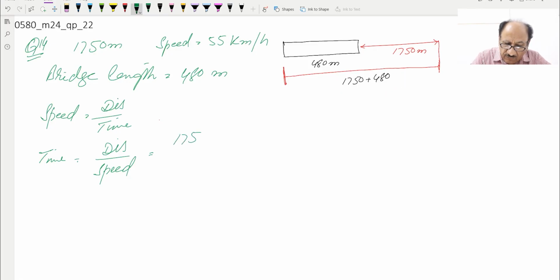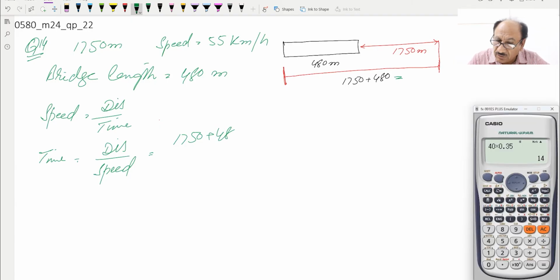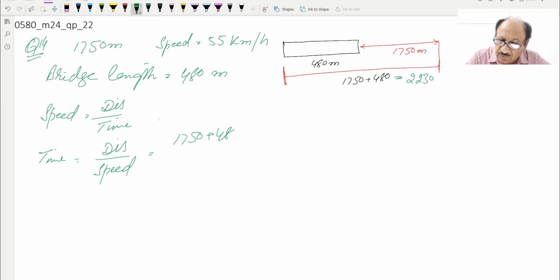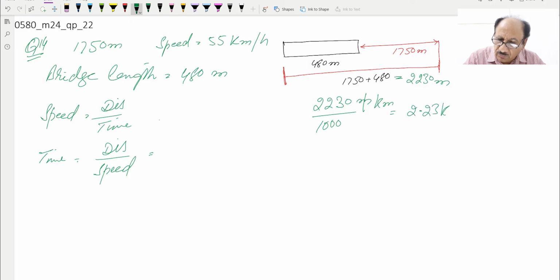So 1750 plus 480 is equal to 2230, so the total distance will be 2230 meters, which we need to change to kilometers, and to change to kilometers we will divide by 1000. So now this will be in kilometers, and this will be equal to 2.23 kilometers.